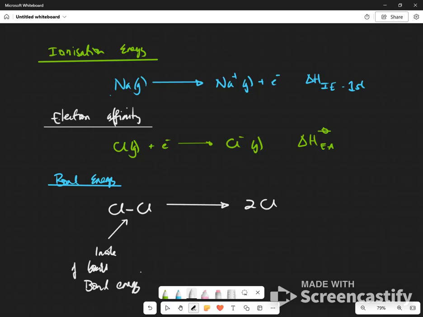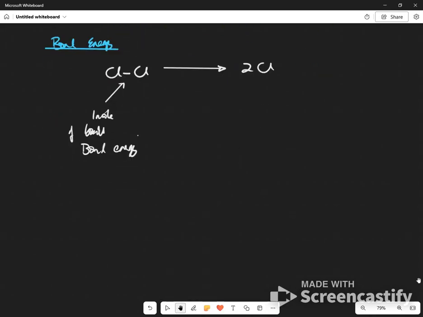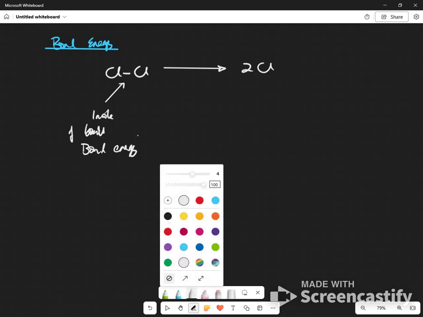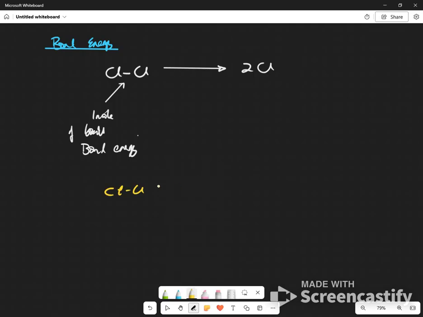Now, if we do exactly the same process, but we get half as much, I'll show you what I mean. It's a bit weird, this. If we start off with Cl2, and we end up with only 1 Cl this side, in other words, we start off with half of these, this one is known as the atomization.